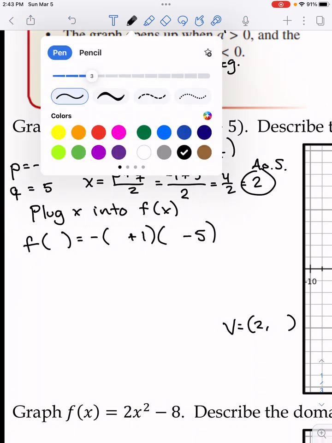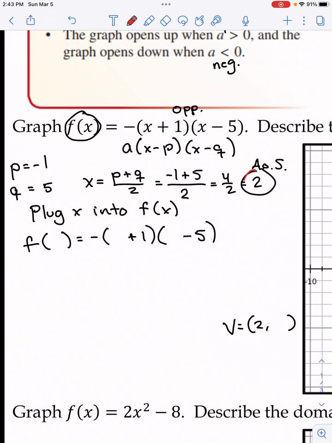And I'm just going to color code here. If I put this in red, this will be f of 2 equal to negative. The first quantity is 2 plus 1 and 2 minus 5. We'll simplify each one. 2 plus 1 is 3. 2 minus 5 is negative 3.